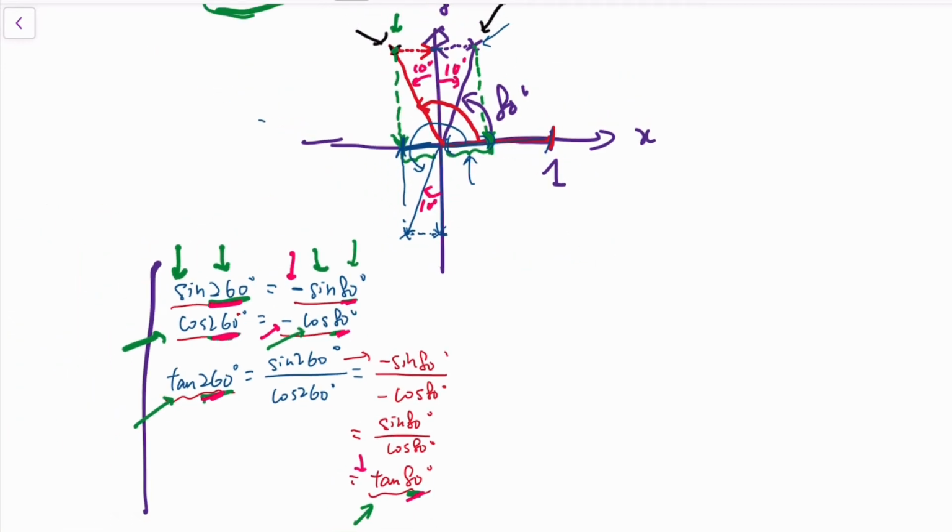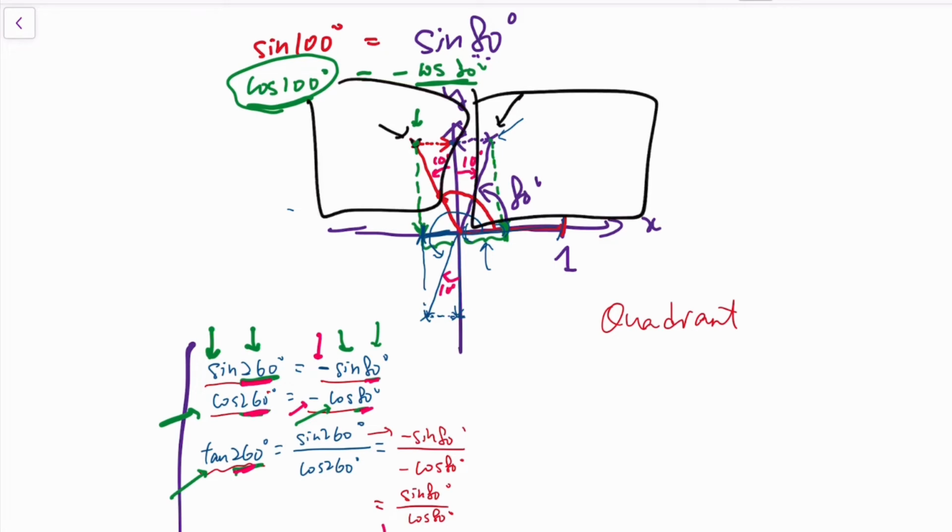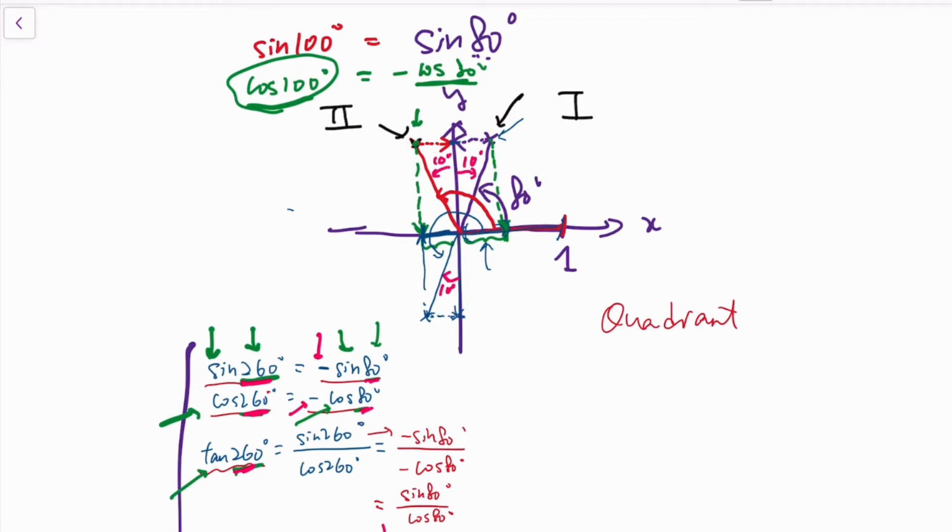Well, it's not called a grid. That is technically called a quadrant. Each region is called a quadrant: quadrant 1, quadrant 2, quadrant 3, quadrant 4.